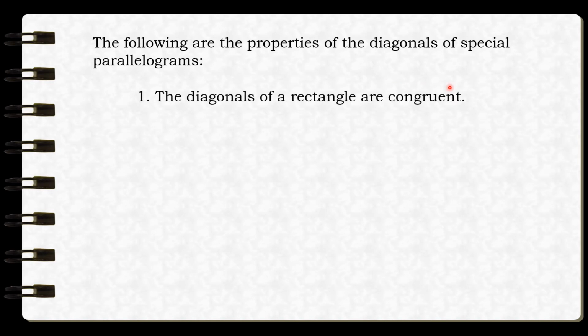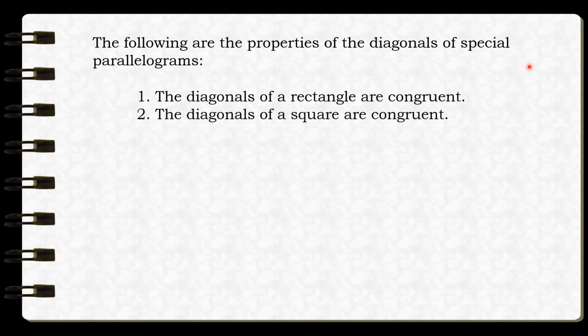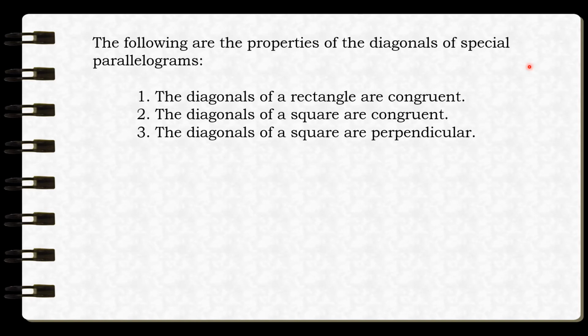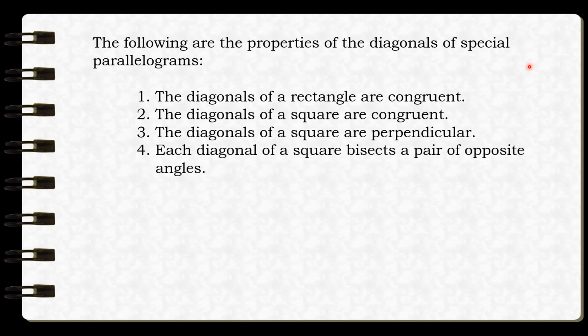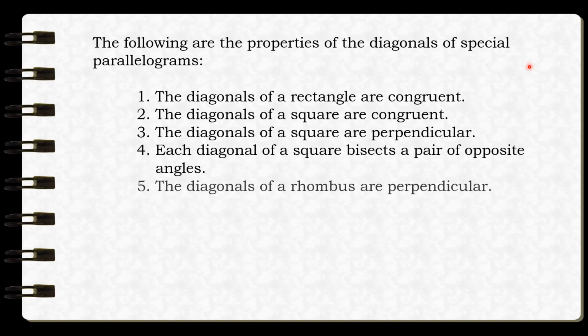So here are the properties of the diagonals of special parallelograms. Number 1, the diagonals of a rectangle are congruent. 2, the diagonals of a square are also congruent. 3, the diagonals of a square are perpendicular. 4, each diagonal of a square bisects a pair of opposite angles. 5, the diagonals of a rhombus are perpendicular.